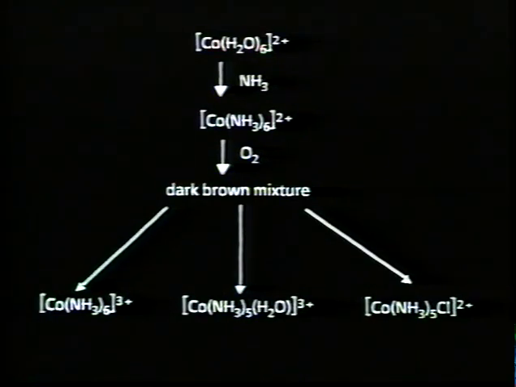But the brown colour derives from the fact that we have a mixture of species in there. We have the aquapentaamine, which is purple, and we have the chloropentaamine, and that's also purple, as well as other species. So it's the mixture of purple and yellow compounds in there that give it this brown colour.